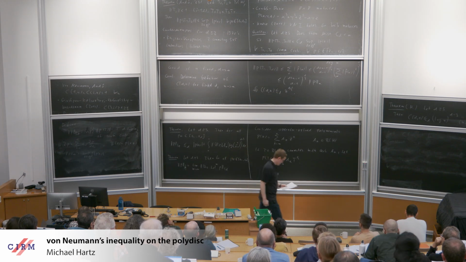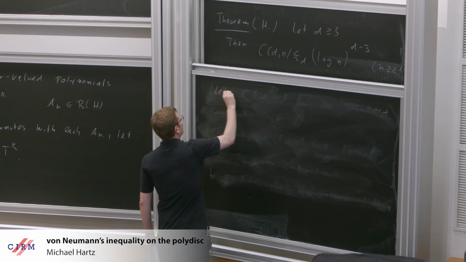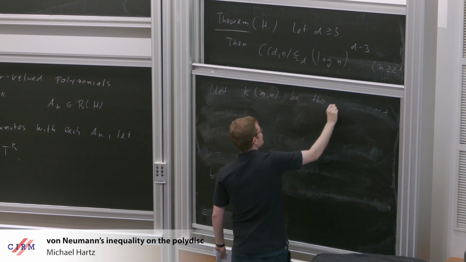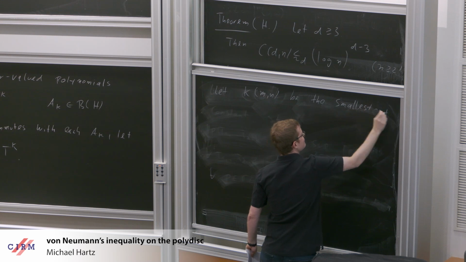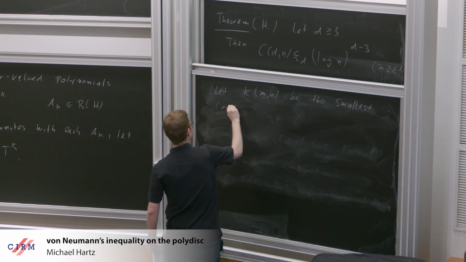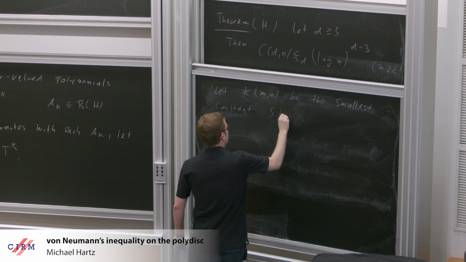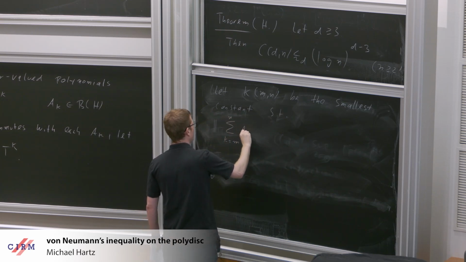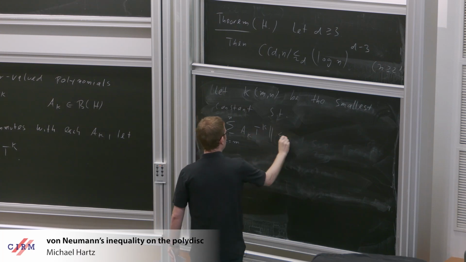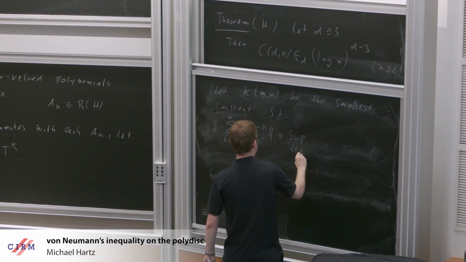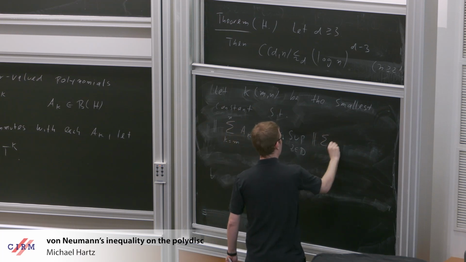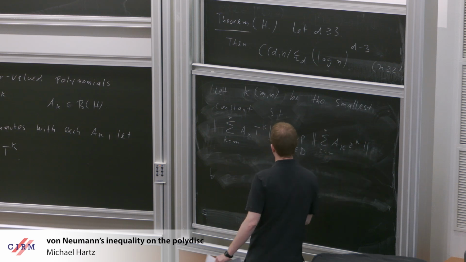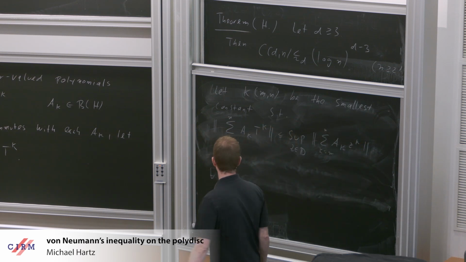Let K_{m,n} be the smallest constant such that the norm of the sum k equals m to n, a_k T to the k, is at most the sup, but now you take the sup in one variable, of the norm of the sum a_k z to the k, for all admissible choices of T and a_k.